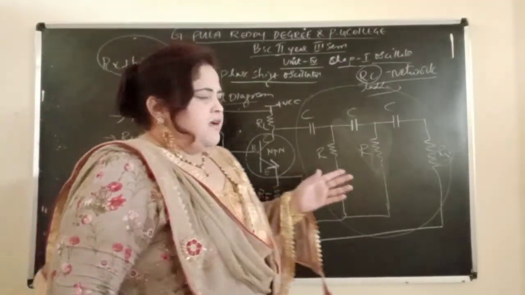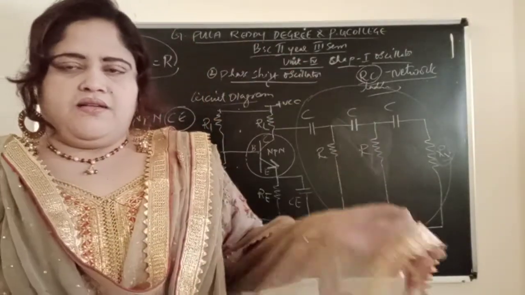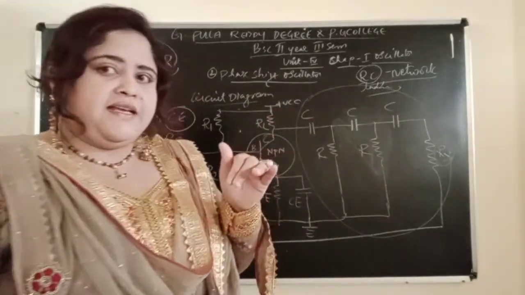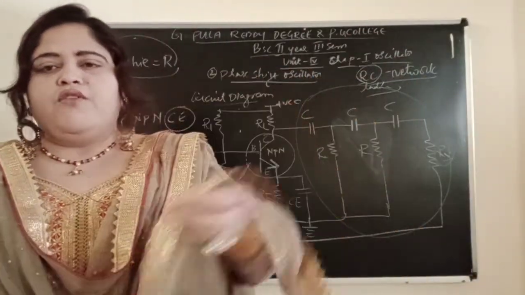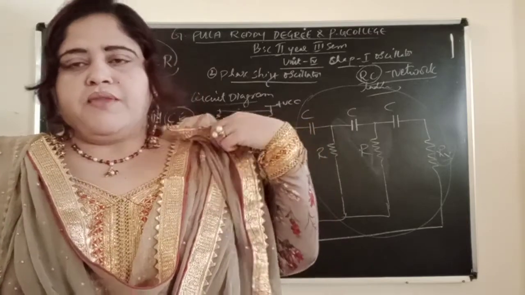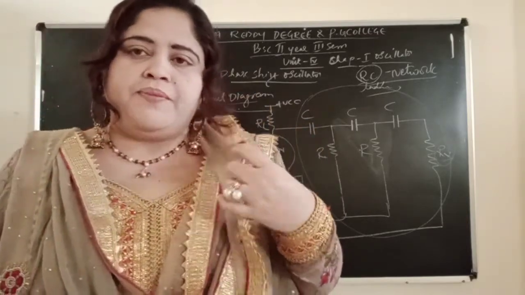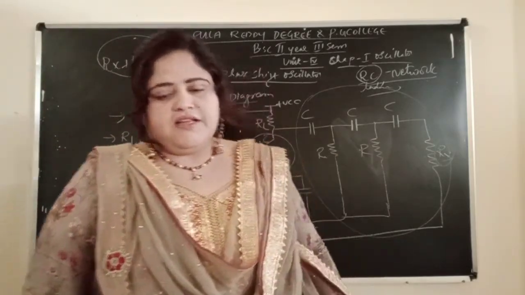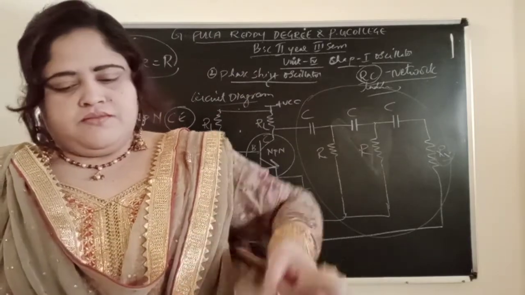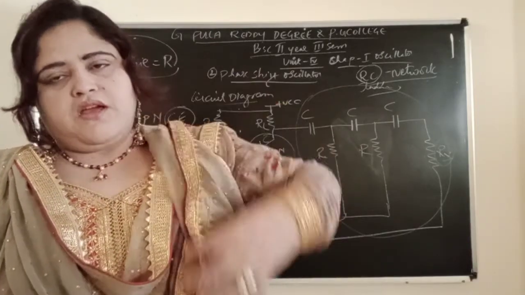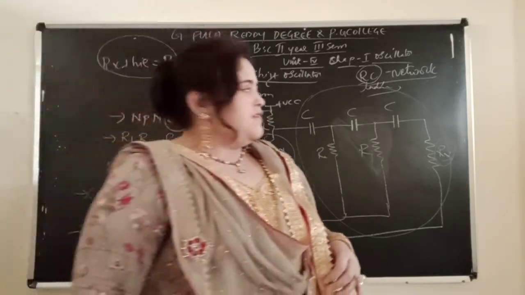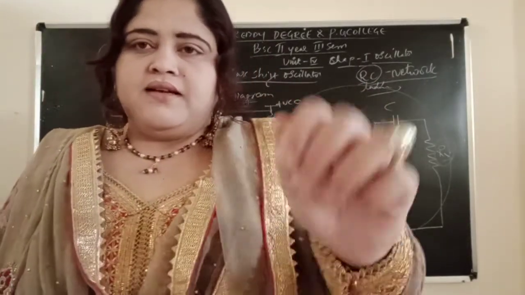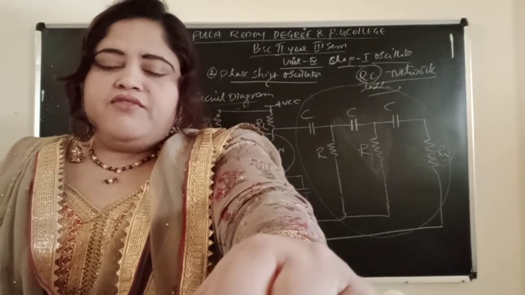Rx is the resistor coming from the output side, going to the input resistance which the transistor internally has.